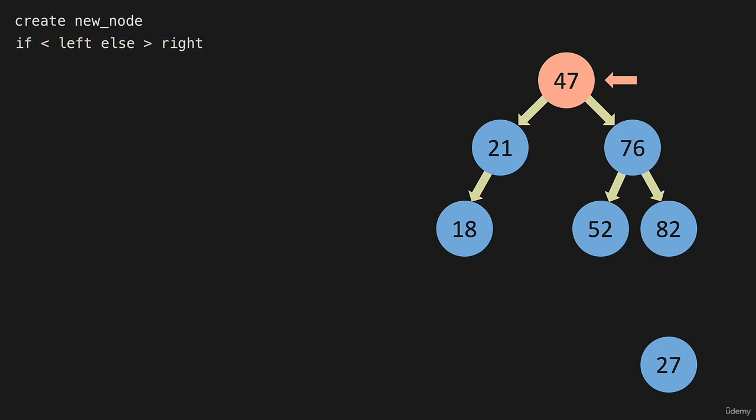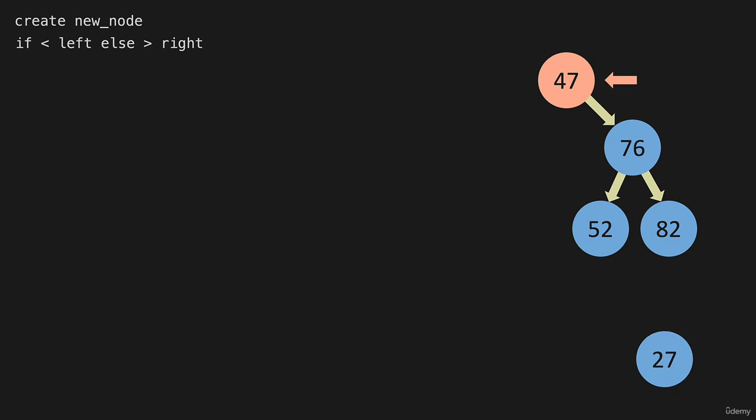And when we do, there are two possibilities. Either there is a node in that spot to the left, like we have here, or there isn't. And if there isn't, we can just insert it right there. So if to the left of the 47 is equal to none, we'll insert it.